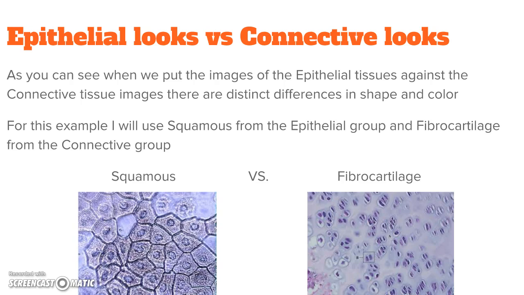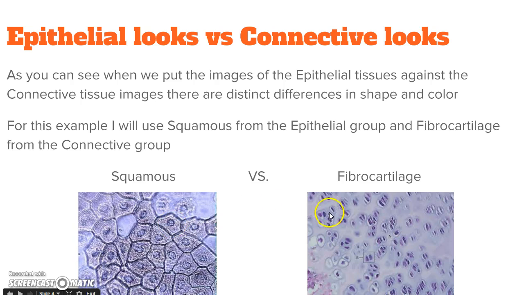And I will be using squamous from the epithelial group and fibrocartilage from the connective group. As you can see in squamous, it is like a fried egg, and it has a bigger nucleus than in fibrocartilage. The nuclei are quite big in fibrocartilage, but not as visible as they are in squamous.